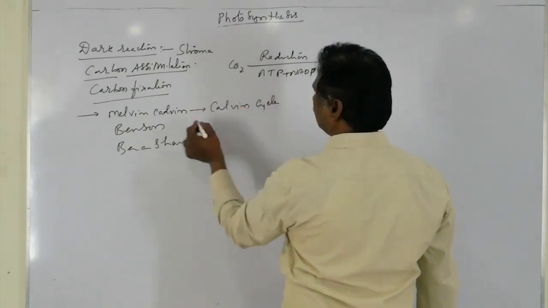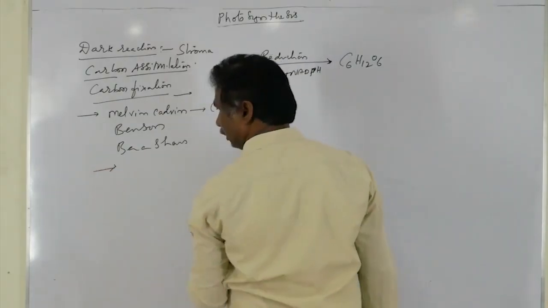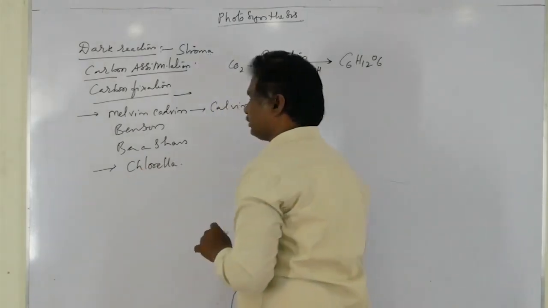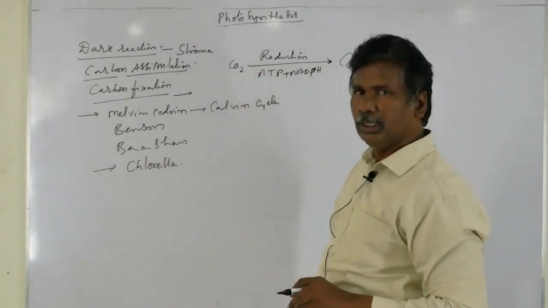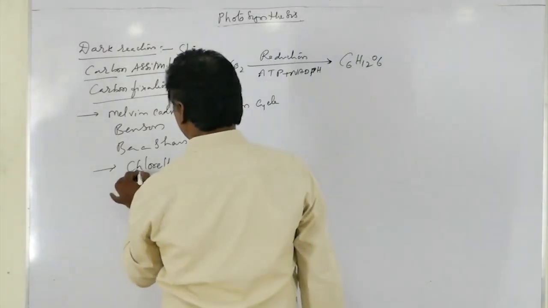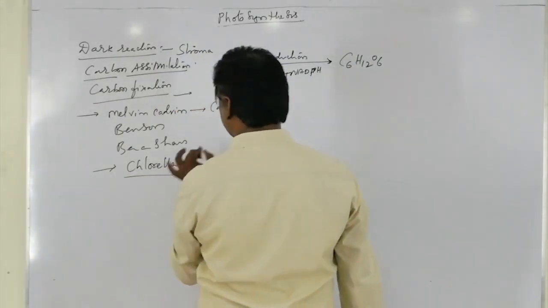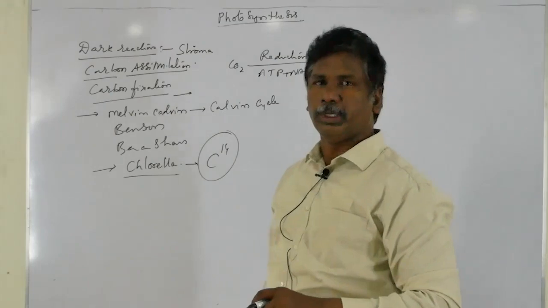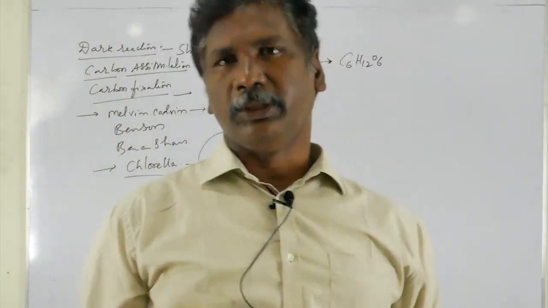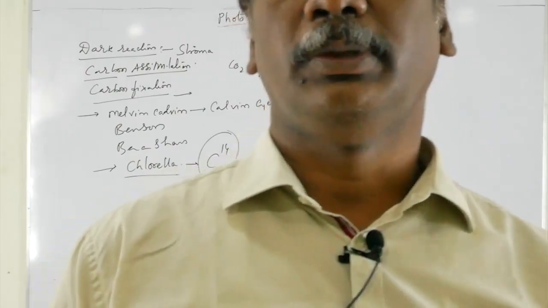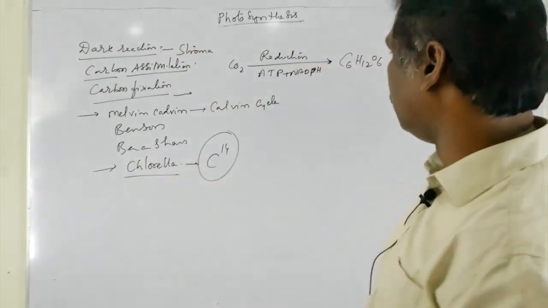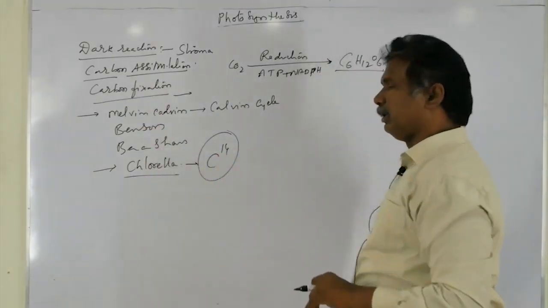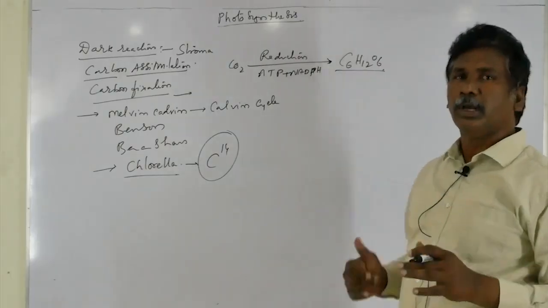They worked on a unicellular alga called chlorella, using the radioisotope C14 to synthesize glucose or carbohydrates.